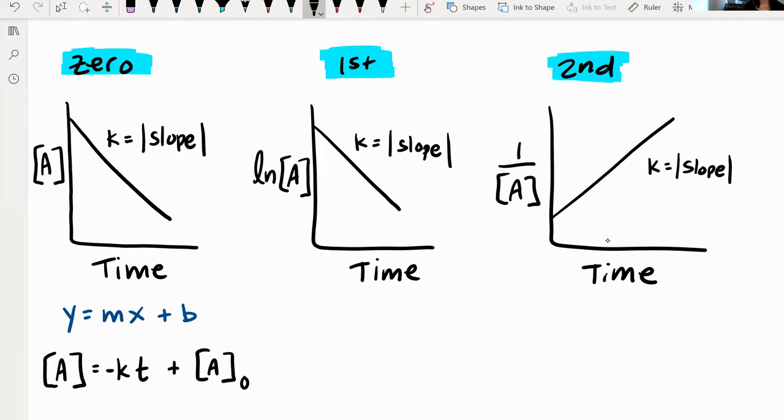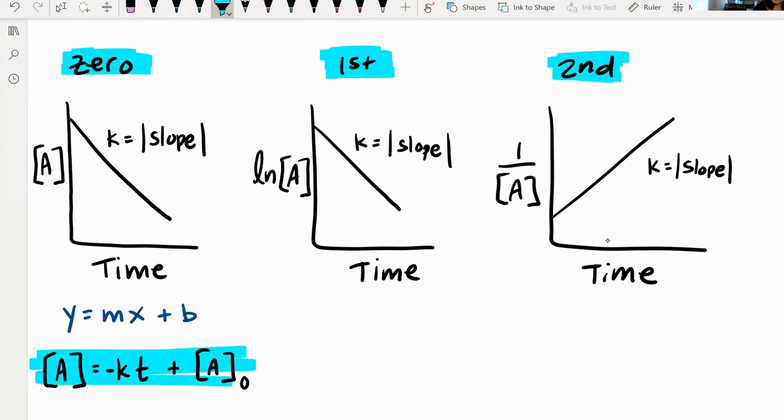This is what we use when we're given time and they want us to calculate the concentration of the reactant at that time. Or they give us, hey, the concentration of the reactant is 5 molar. What time is it? Well, then you would plug in your concentration and then you would solve for time. So this is your integrated rate law.